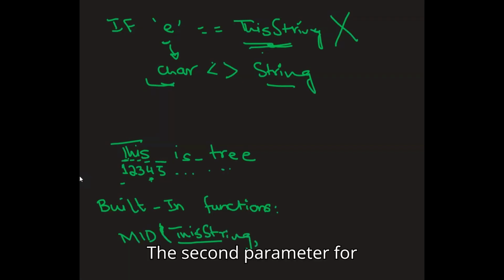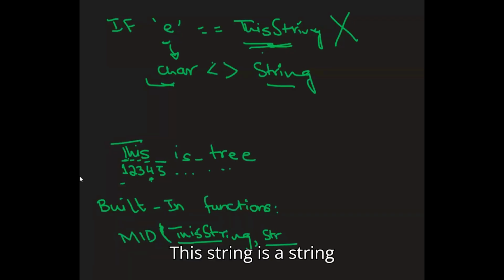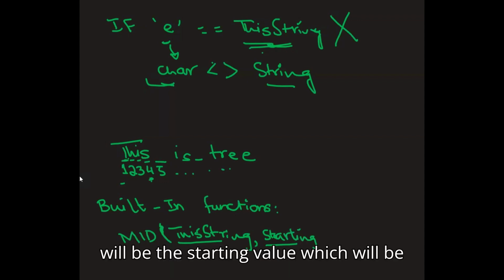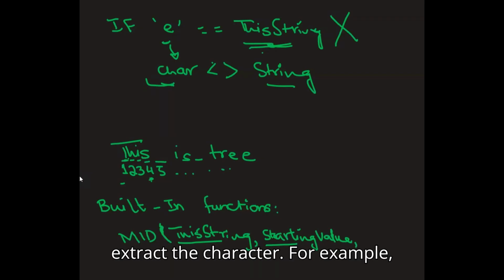The second parameter for this MID function will be the starting value, which will be an integer, okay, which is going to tell us from which point we are supposed to extract the character.